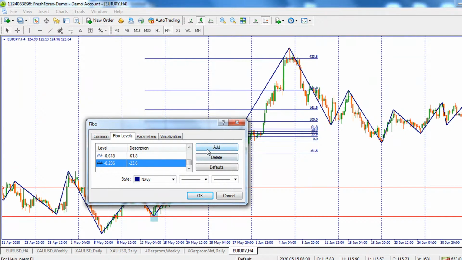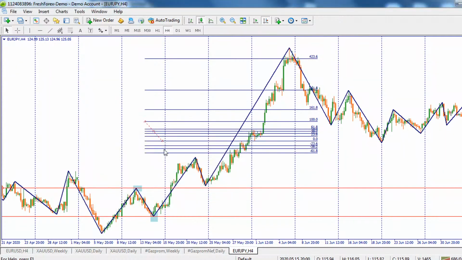Then we'll add the next one, which is minus 38.2. If we add that, you can now see that we have multiple ones.